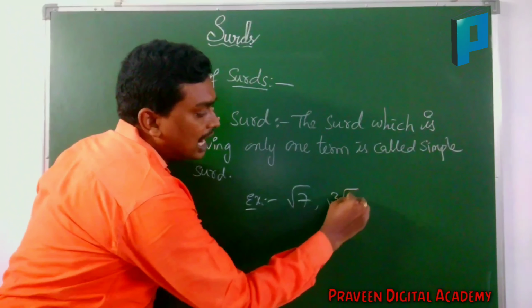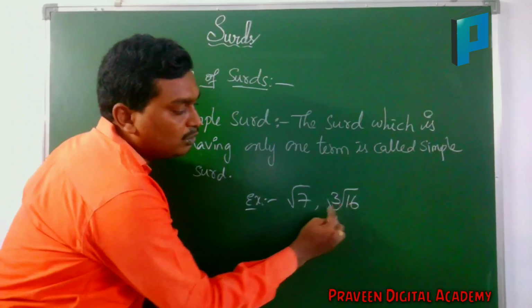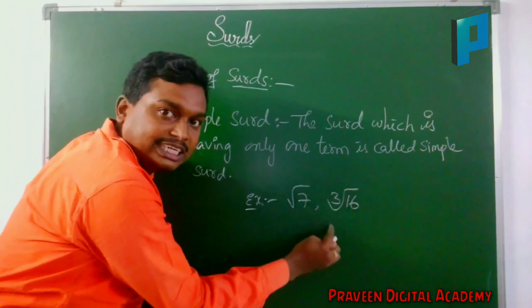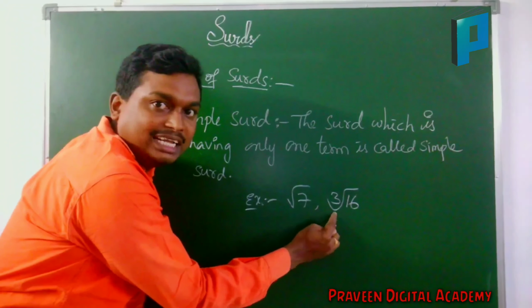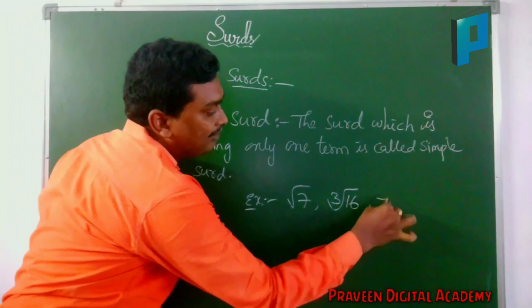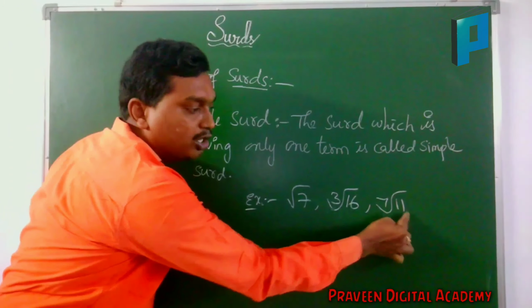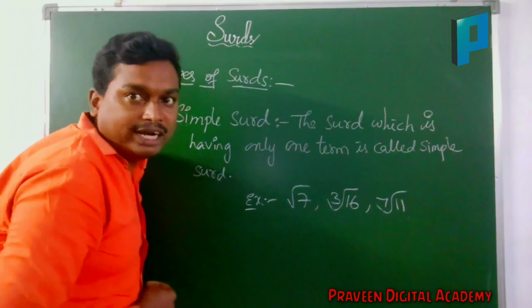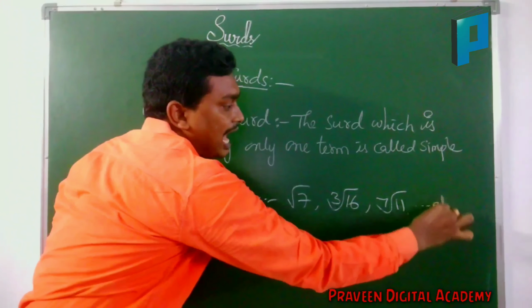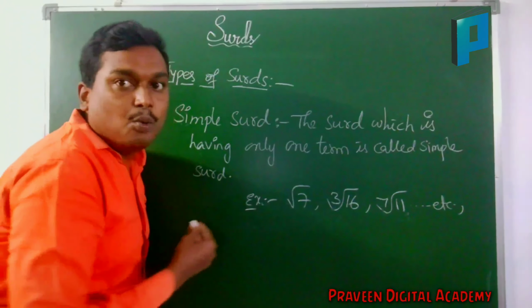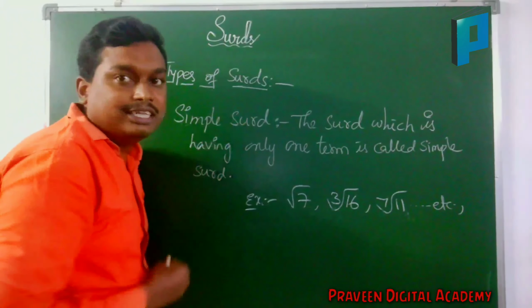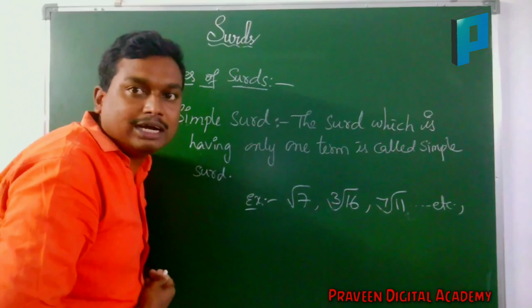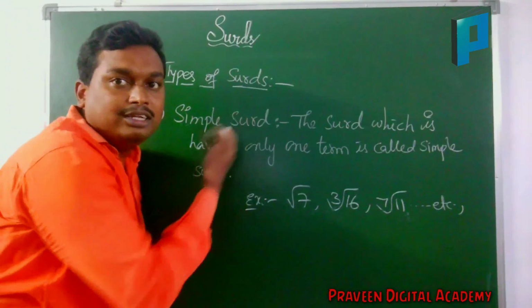If you are having third root 16, this third root 16 is only one surd, so it is a simple surd, but its order is 3. 7th root 11 is also a simple surd. Why? Because it is having only one term. In general, we can say the surd with only one term is called a simple surd.